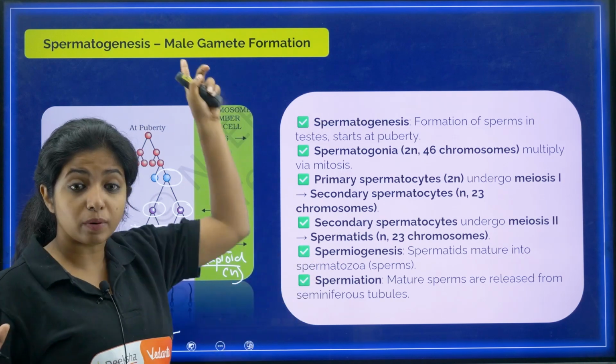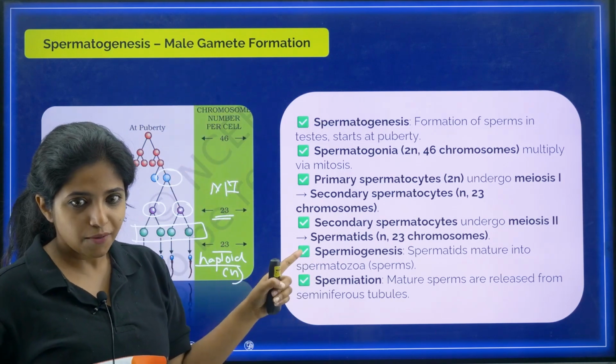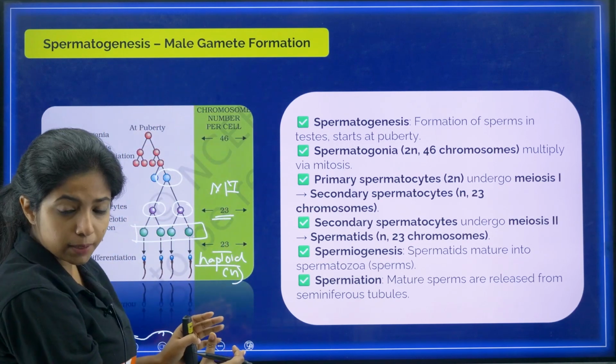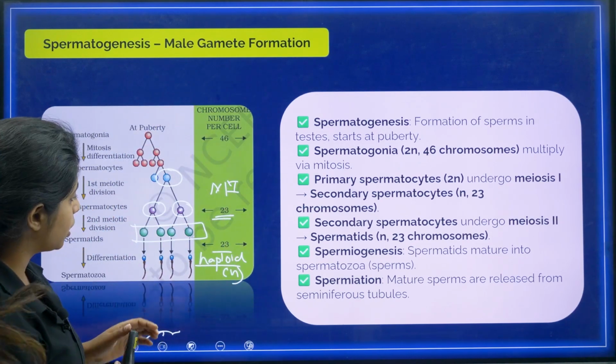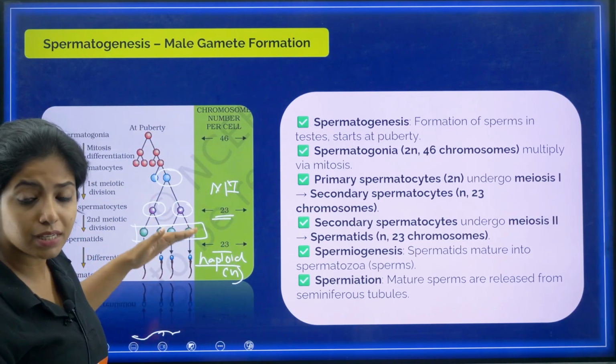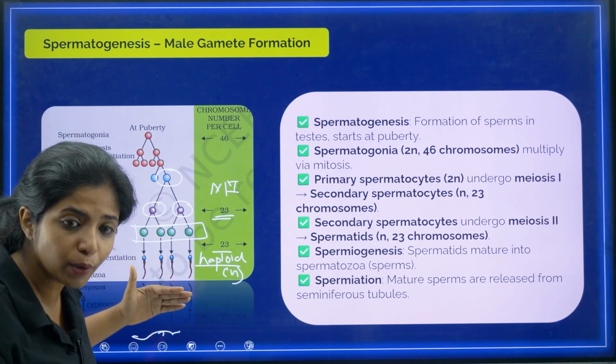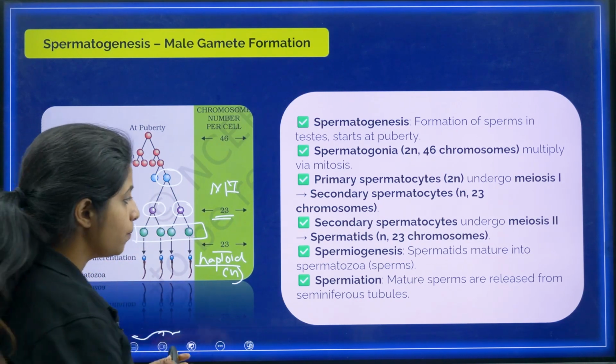Do not get confused between spermatogenesis and spermiogenesis. Spermatogenesis is the formation of sperms as an overall process. Spermiogenesis means the immature spermatids transform into mature spermatozoa.